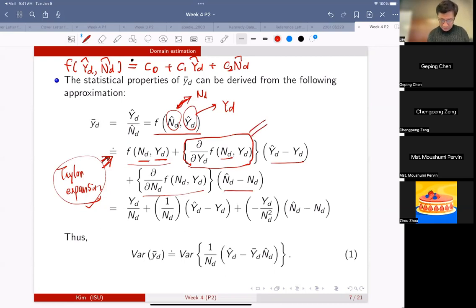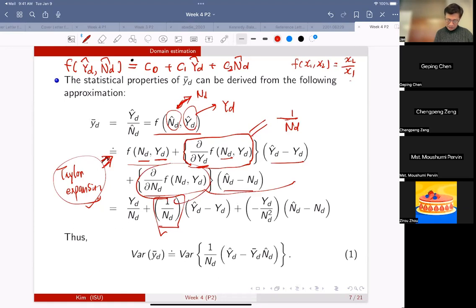Because f(x1, x2) in this case is x2 divided by x1, when you expand with respect to the second component, the derivative is 1 over x1, which is 1 over N_d. That is this.